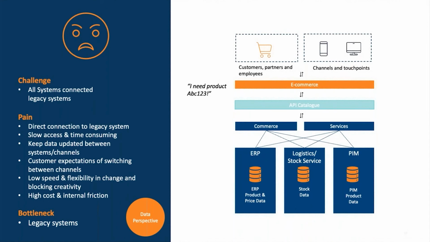But then, if we want similar information about the product, let's say for exporting it to a marketplace sales channel or to a price comparison site, we create yet another point-to-point integration. So this creates unnecessary dependencies that stifle the creativity and the flexibility of the solution. Showing product information to a customer should not be a hassle, and the data and experience should be consistent across channels.